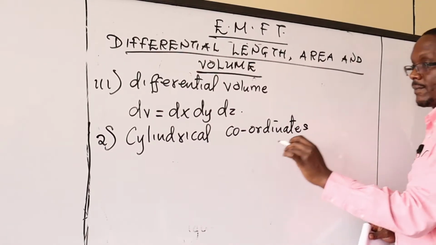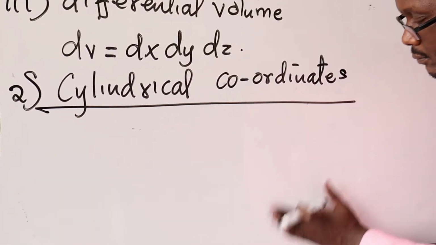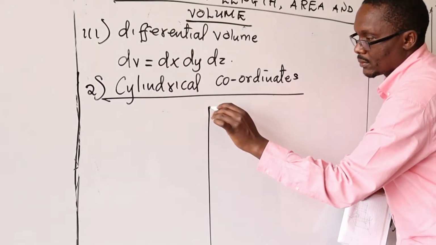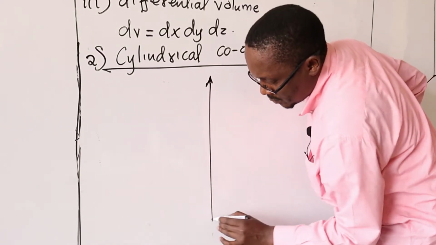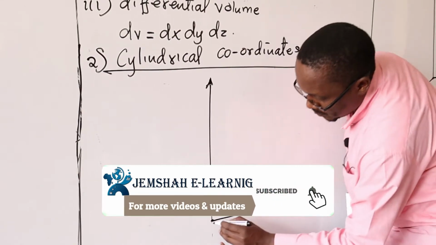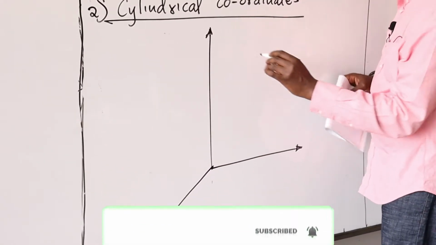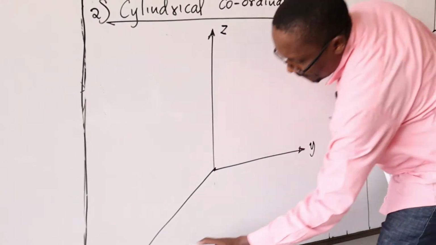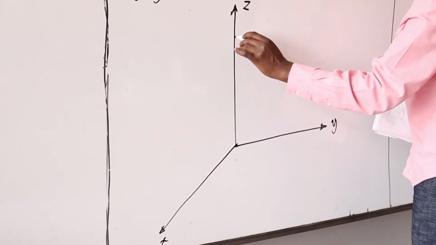Again, we need to draw. So still this is z, y, and that is x. So I need to draw my cylinder like we did previously.